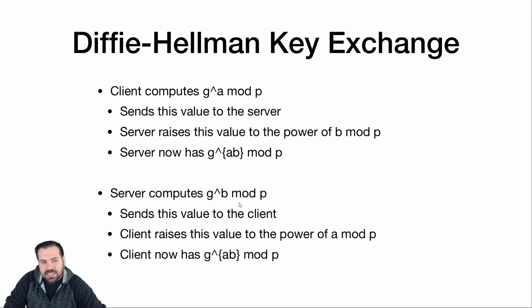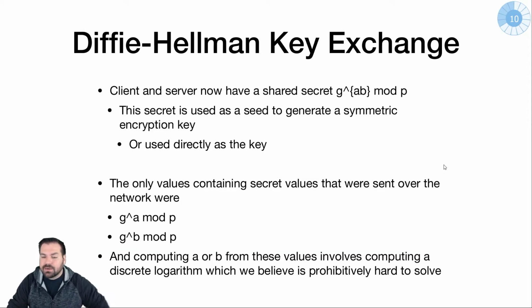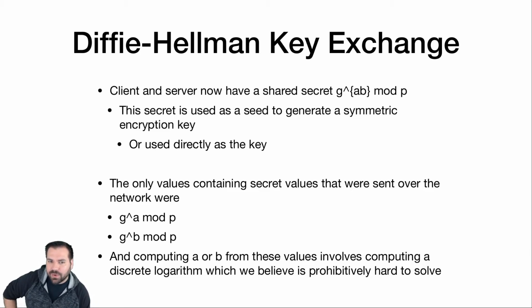So after this, both client and server have the value g to the ab mod p. That's their private key. That's their symmetric encryption key, g to the ab mod p. They both have the same value, and nobody else can compute it, because anybody eavesdropping on this has either g to the a mod p or g to the b mod p, and they can't generate the other one.